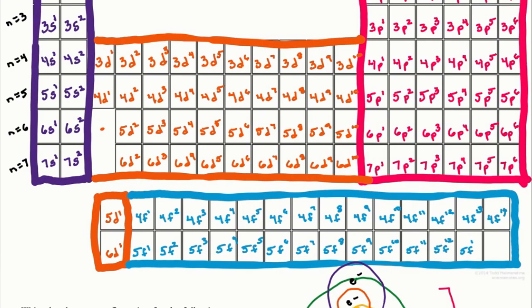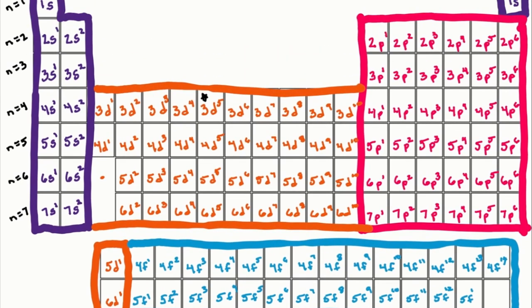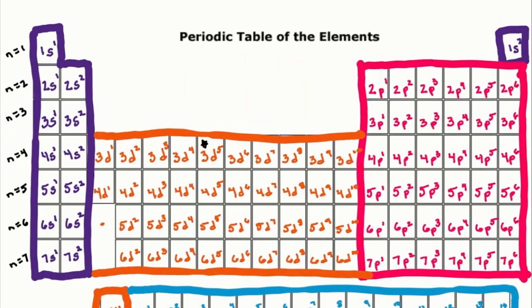So manganese is right here. I'm going to read it like a book again. I'm going to start with 1s2, 2s2, 2p6, 3s2, 3p6, 4s2, and then 3d5.